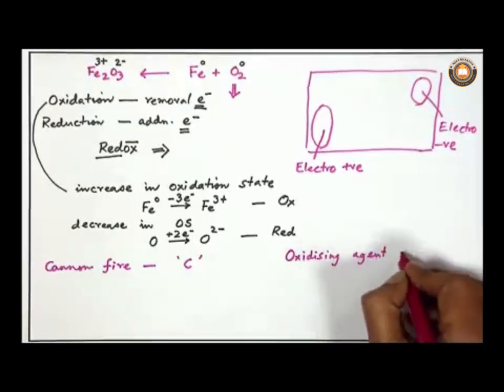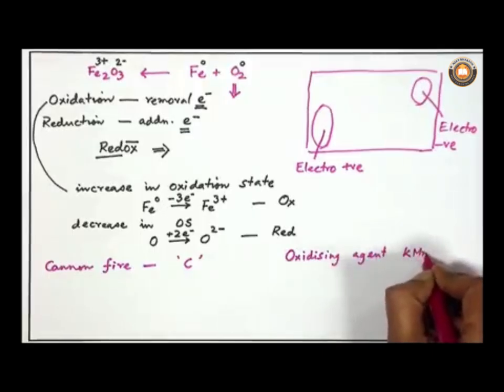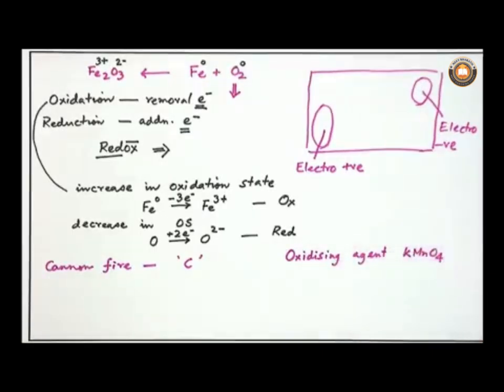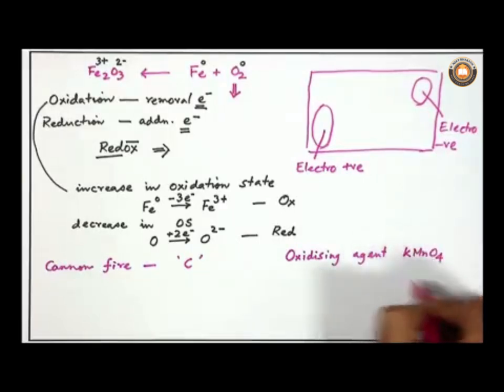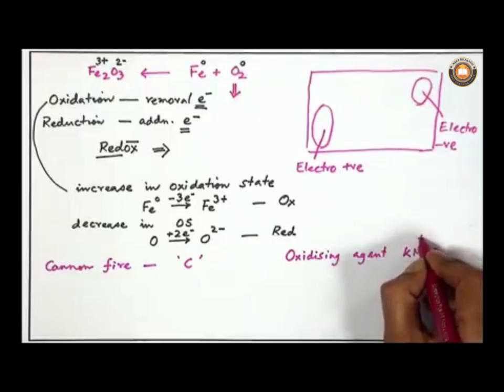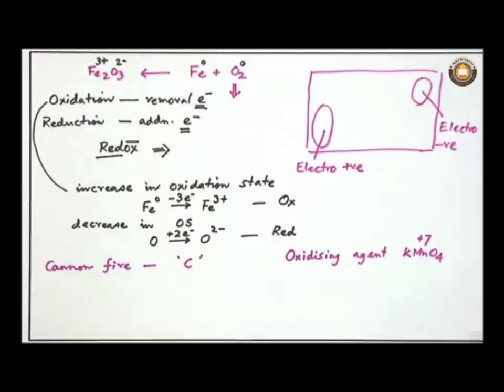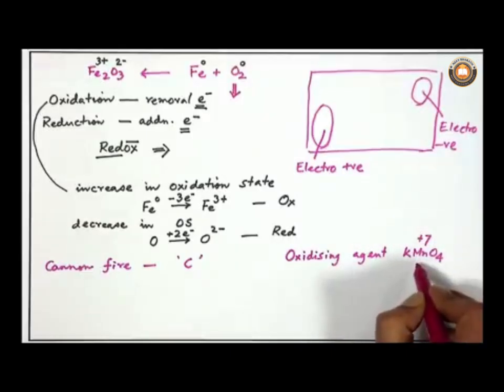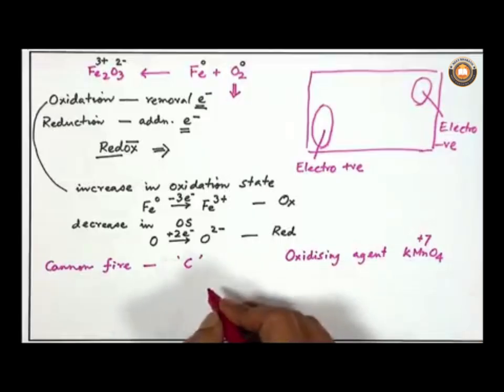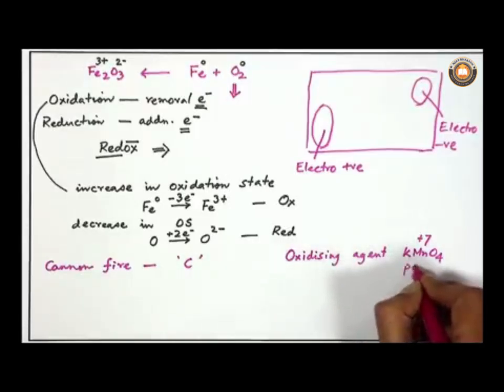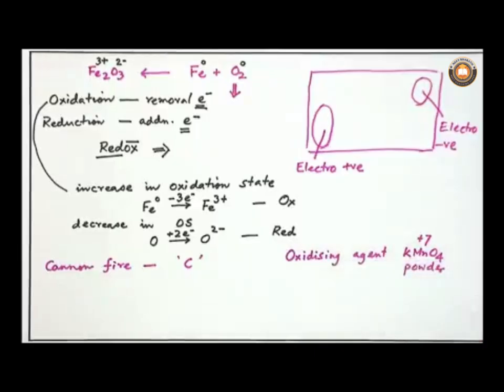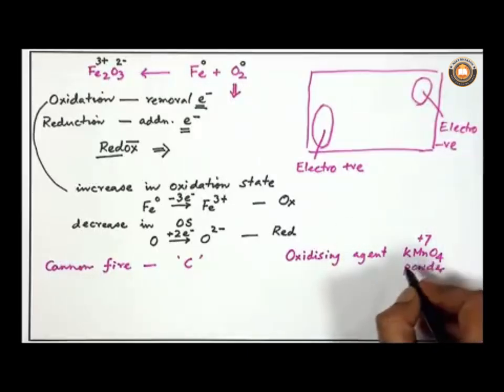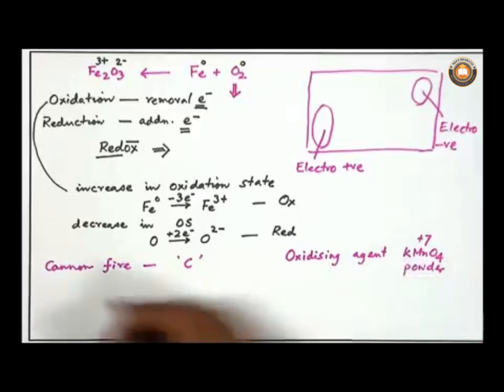One typical well known oxidizing agent is potassium permanganate, which can oxidize some other species, where manganese is present in +7 oxidation state, and we all know that manganese can have variable oxidation states, from the elemental manganese, which is 0. This particular reaction is nothing but if we take KMnO4 powder and sprinkle it on a burning mixture of H2O2, hydrogen peroxide.